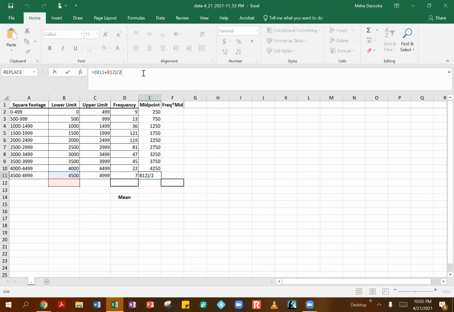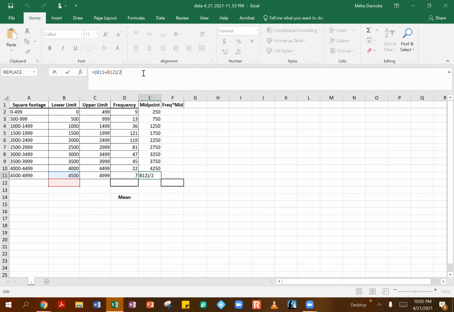Now, moving on to the next step, we have found the midpoint for each one of our classes. The next thing we need to do is multiply our frequency value with our midpoint. That's what we're going to be doing here, and this is the next part of our formula. On the numerator, you are multiplying the midpoint with the frequency. Again, I'm just going to let Excel do the calculation for me.